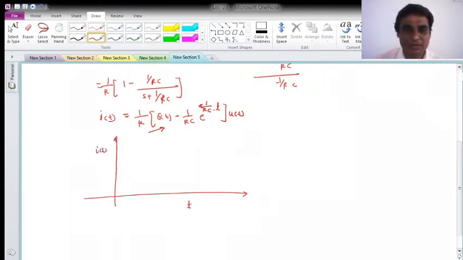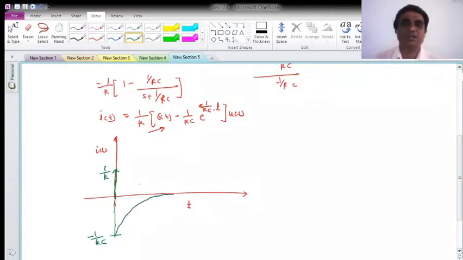First it consists of a delta function, whose strength is 1 over R, and then the term with minus 1 over RC, which will be exponentially decreasing this way. The addition of it will be my impulse response. So this way you can find it out.